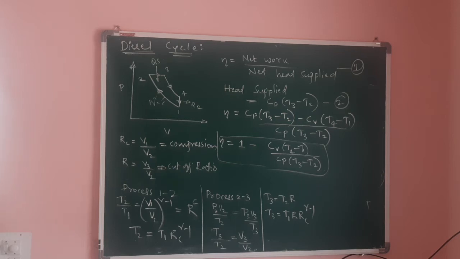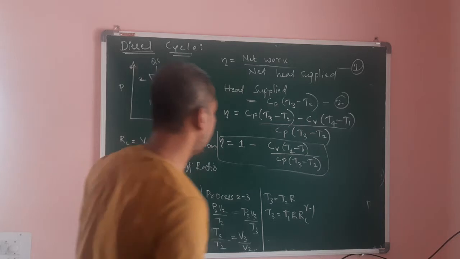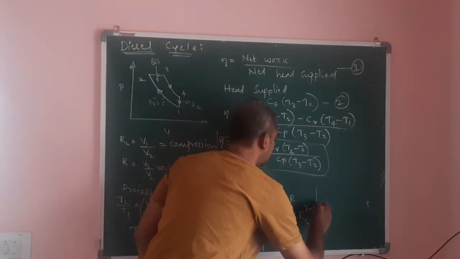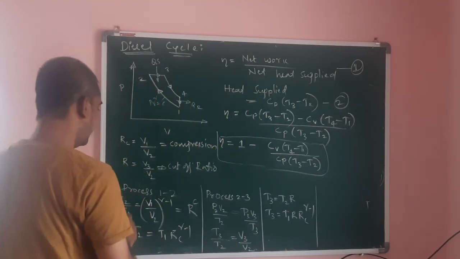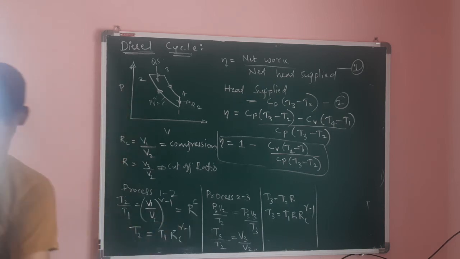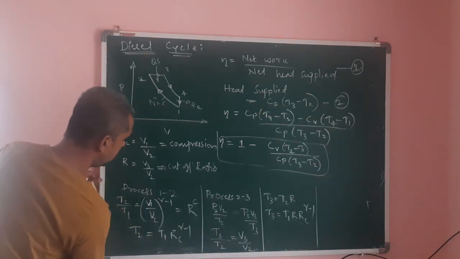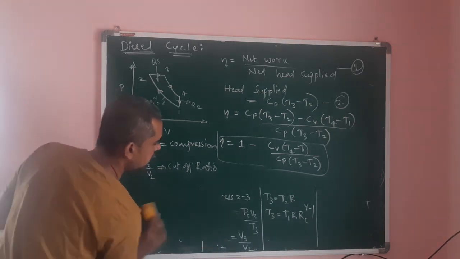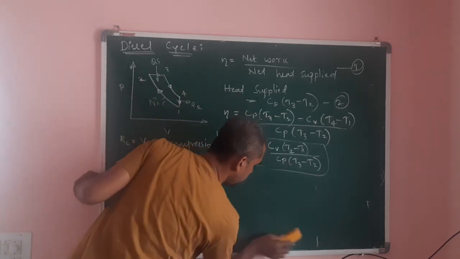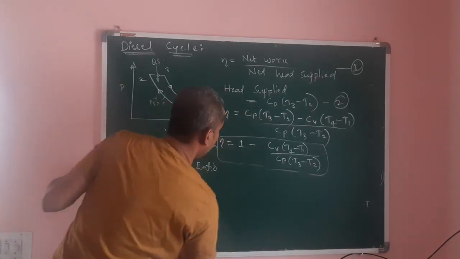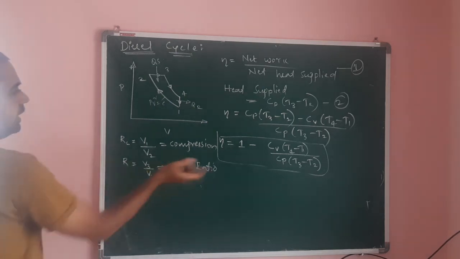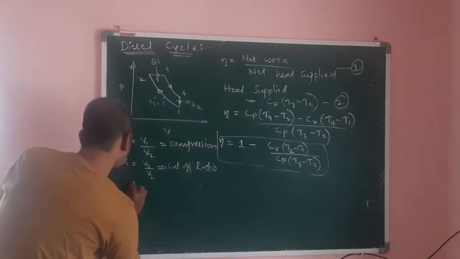T4 for the process 3 to 4. For the process 3 to 4, again, 3 to 4 is an isentropic process. I will rub this. If I calculate T4 in terms of T1, then I can substitute here.